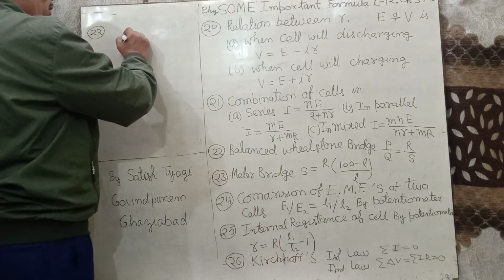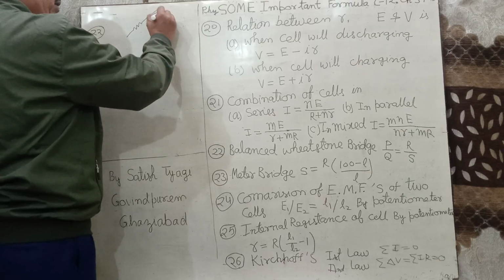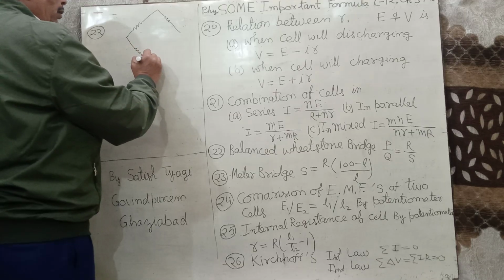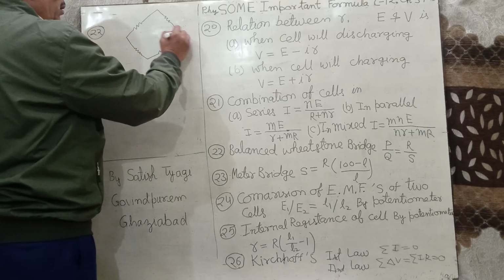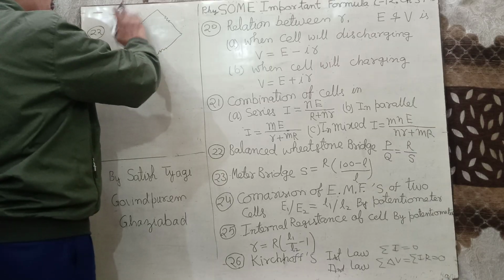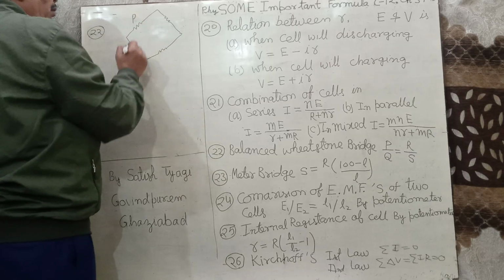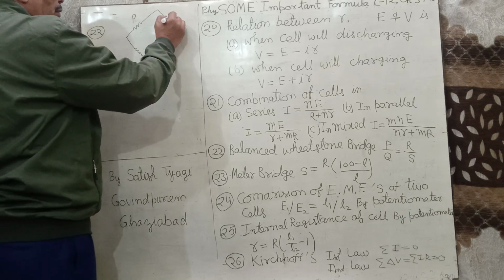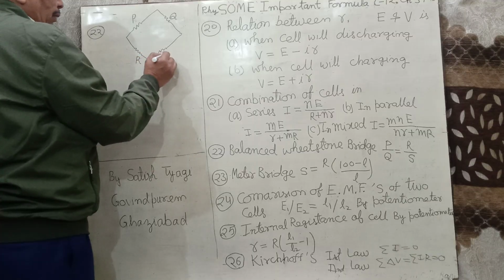This is the balanced Wheatstone bridge, with resistances P, Q, R, S.